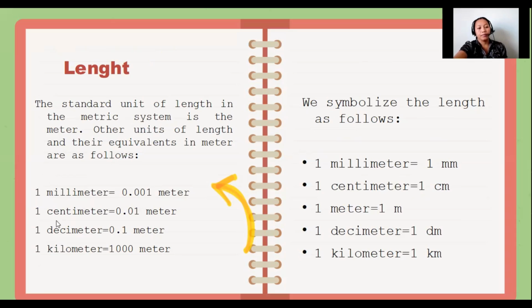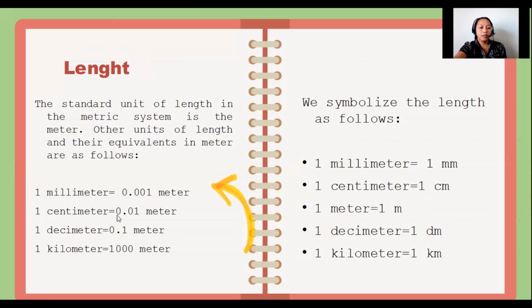meter. And 1 centimeter is equal to 0.01 meter. Centi means hundredths. Okay. So from this decimal place, after 1, you have to move 2 decimal places to the left. 1, 2. So therefore, it will give you 0.01 meter.